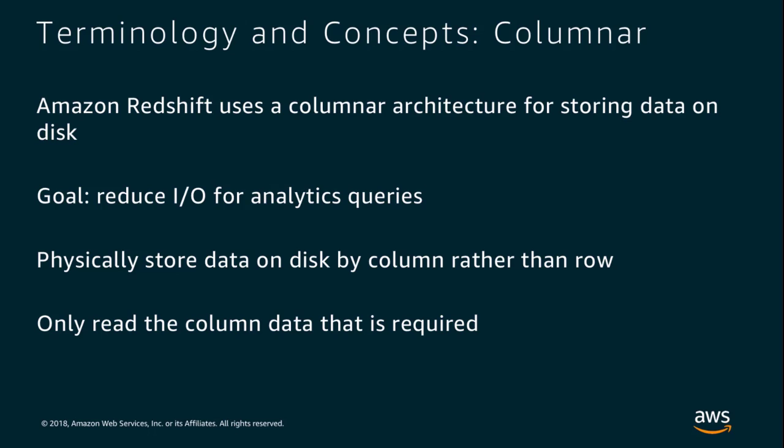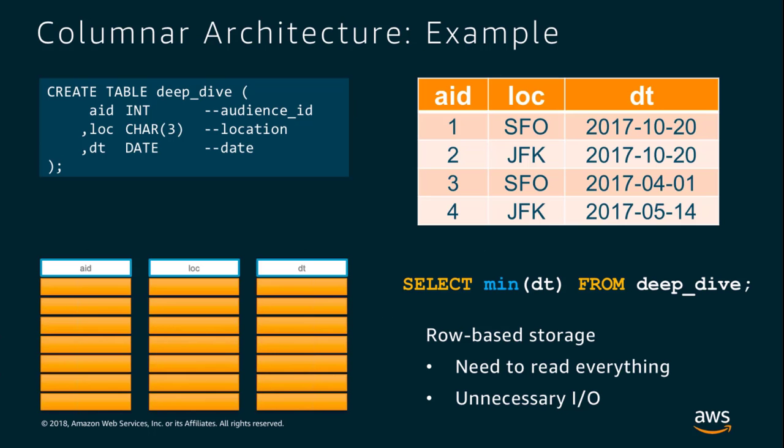So the first piece of terminology, for those of you who aren't familiar with Redshift, is Columnar. Redshift is what we call a Columnar Architecture, and that means that we store the data on disk column by column rather than row by row. The goal here is to reduce I/O for the types of queries that you typically do in an analytics data warehouse. Just to illustrate how this works, suppose we had this very simple table.